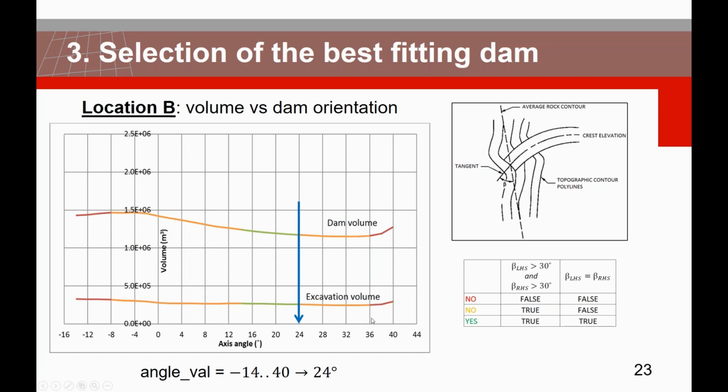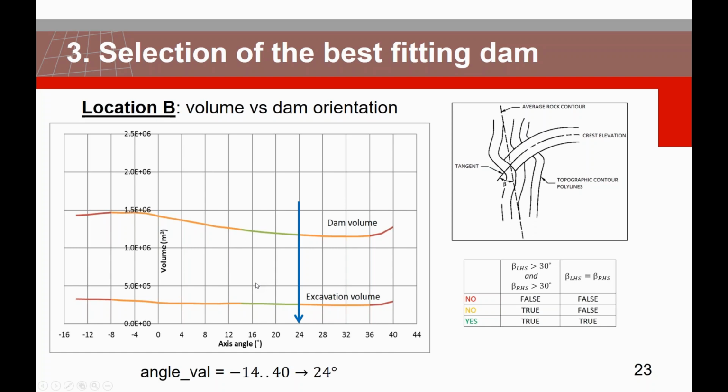What you can observe here, compared to the previous graph, is that this range from minus 24, minus 14 to 40 degrees, is much larger. And this is because the topology around this location is much smoother, which actually ends up to a larger range for the axis angle.